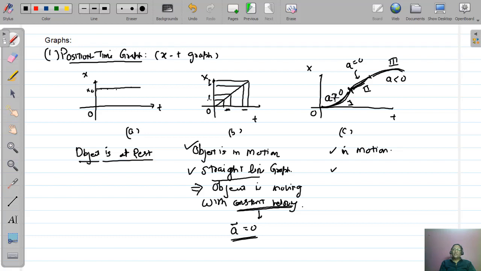How we can say this is a greater than 0, this is a less than 0 will be discussed later. But for just information, this is from the equation of motion s equal to ut plus half at square. That is the second equation of motion which we will discuss next.